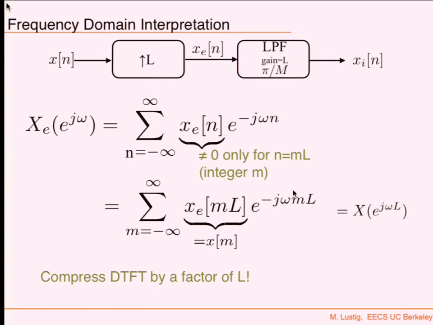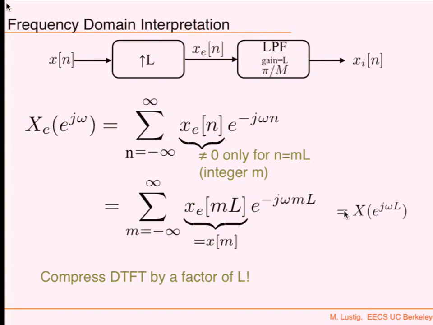If I stare at it long enough, I see that this is in fact x of m, because this is what I originally took and expanded. So what I get is the sum of x of m multiplied by e to the minus j omega L m. So I get a scaling, or compressing, of the DTFT.